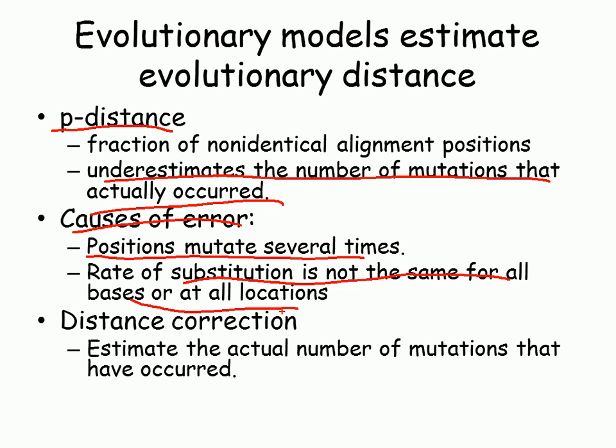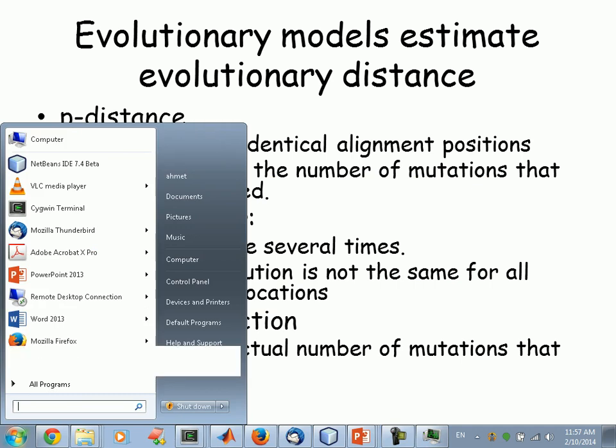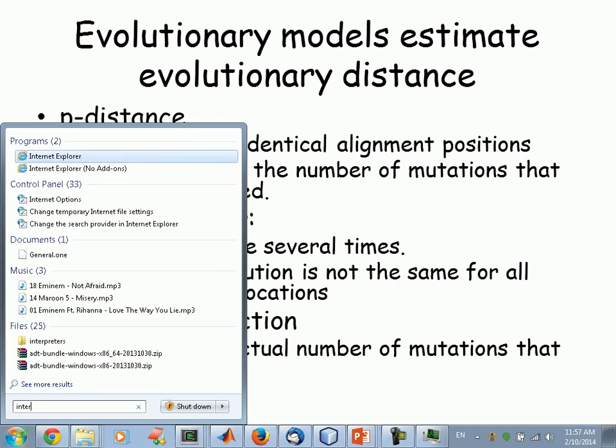Okay, one example is that when you have a codon, let's say AAA. Hopefully that's a good example, but I'm just making it up. So usually the third codon position can differ, but your codon will still give you the same amino acid.